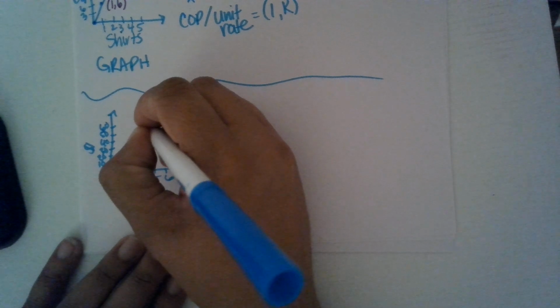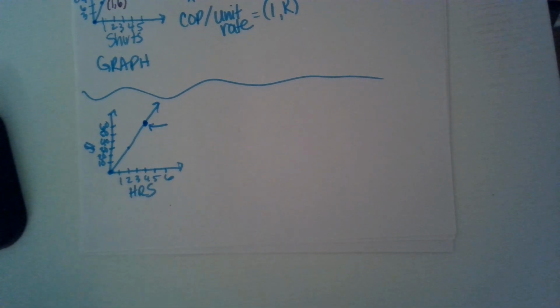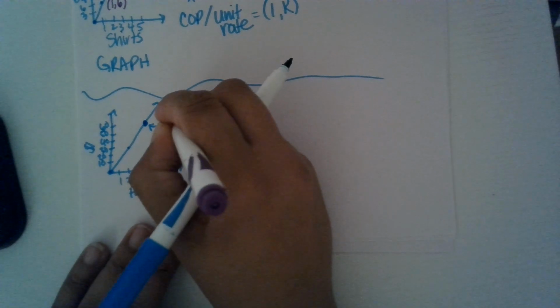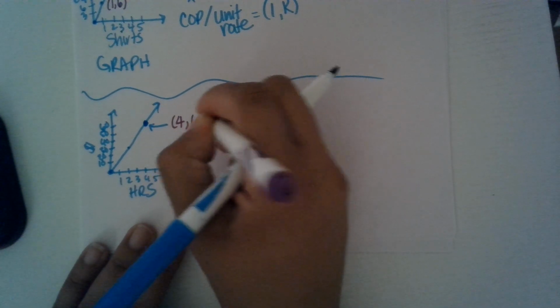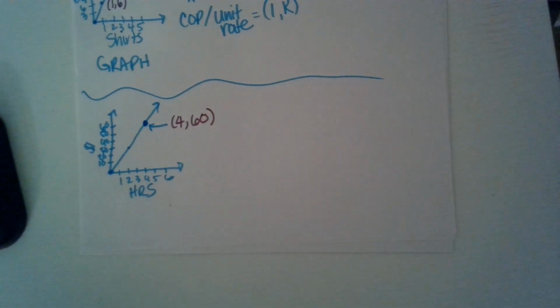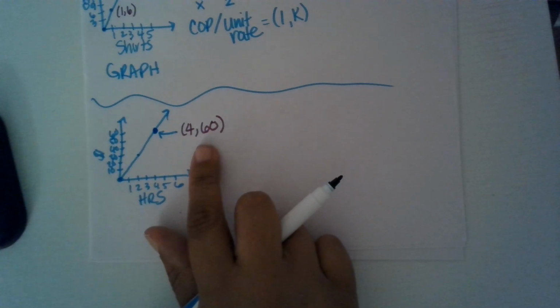So let's say I give you this point right here. This ordered pair is written as (4, 60). And I want you to interpret. How do I explain this in words?